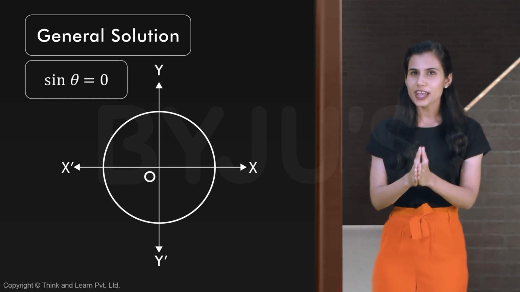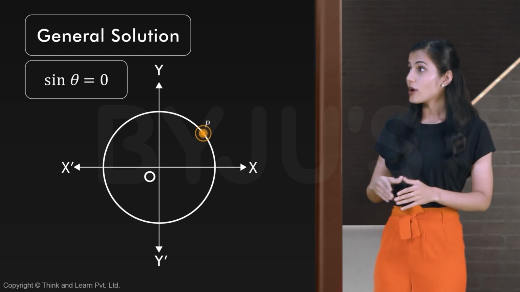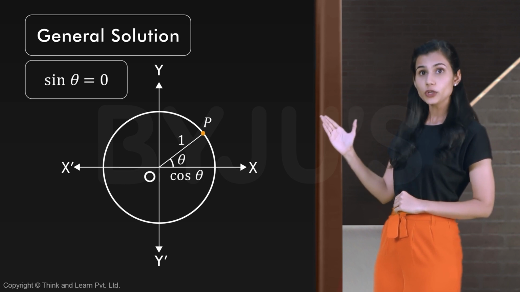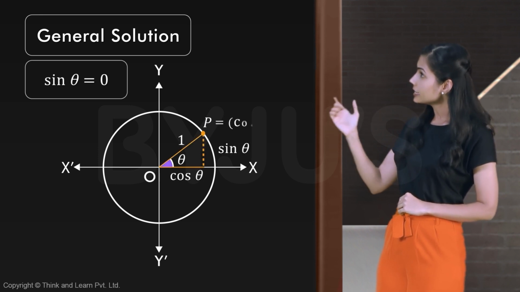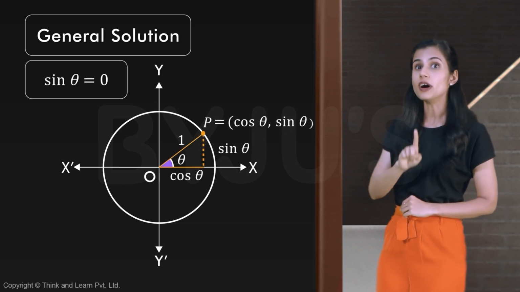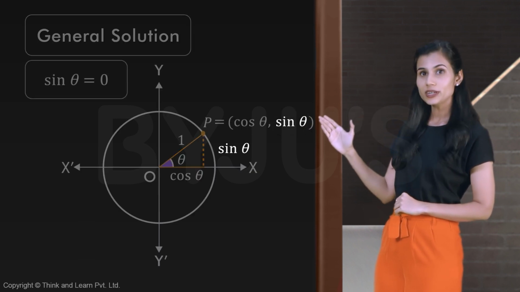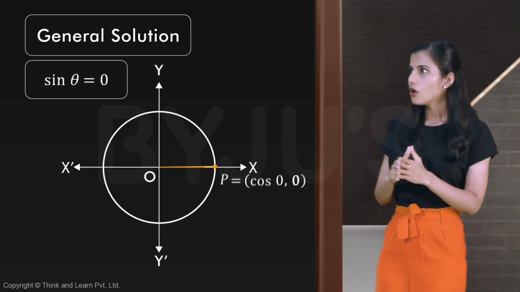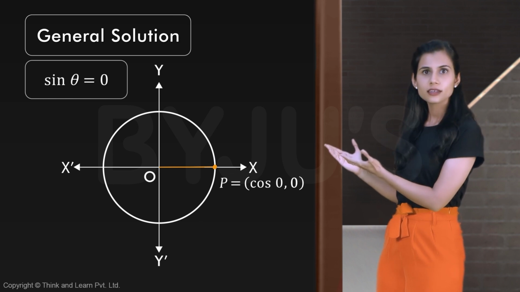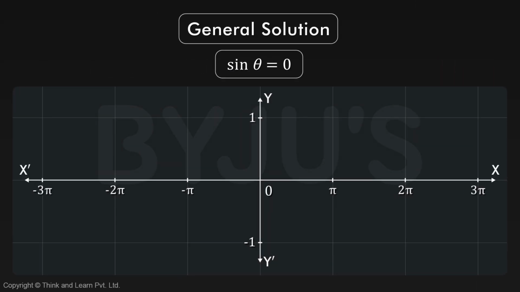We all are aware of the fact that for a point P sitting on the unit circle, sine theta corresponds to its y coordinate, right? This very y coordinate will be 0 on the x-axis, right? And we know the angles whose terminal ray coincides with the x-axis.